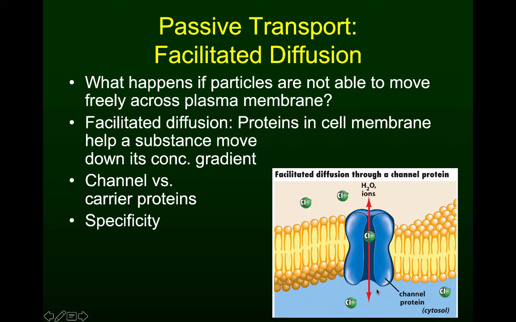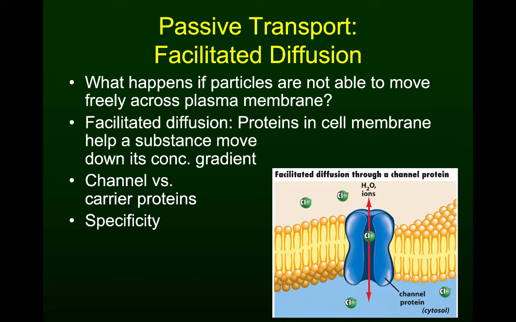Carrier proteins are a little bit different. Carrier proteins actually have to physically bind to whatever it is they're transporting. And so for that reason, carrier proteins, especially if they're trying to move a lot of substance, can sometimes become saturated to the point where the cell actually has to wait for particles to cross the membrane because there's a limitation on how many transport proteins are actually there.